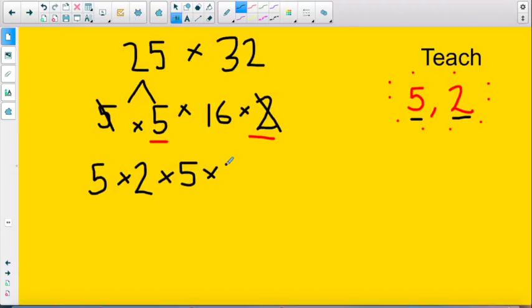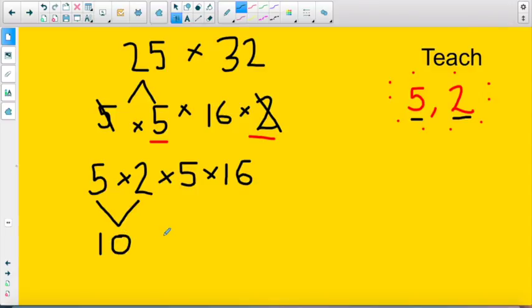Okay, I don't like this 16 very much, but we'll see if we can do something about that. Now you should be able to start to answer this because we've got some very friendly factors here, 5 and 2. 5 and 2 equal what, guys? 5 times 2 equals 10, the friendliest of all. What a lovely number.